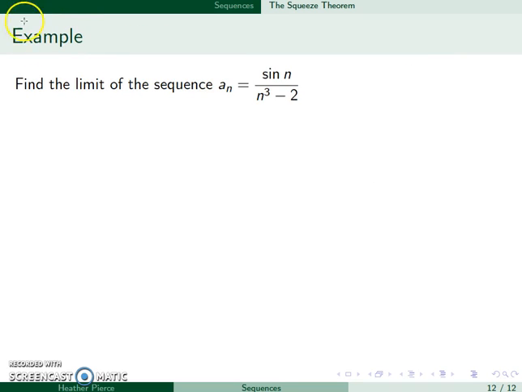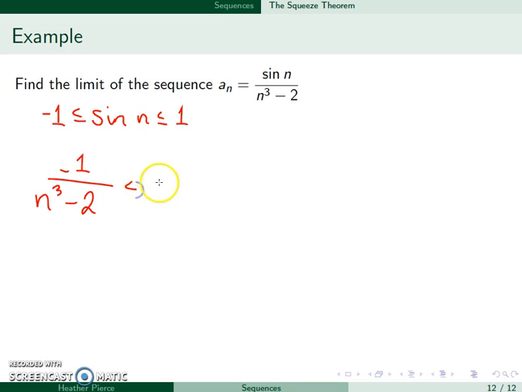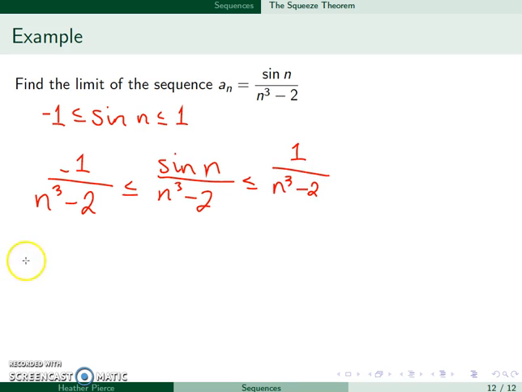So for example, let's find this limit. So we know that sine is always between 1 and negative 1. This also works for cosine. So this whole function is between negative 1 over n cubed minus 2, and then on the upper side, 1 over n cubed minus 2.